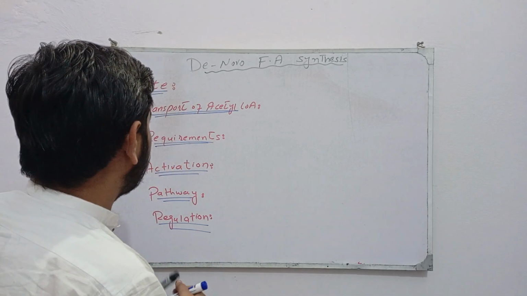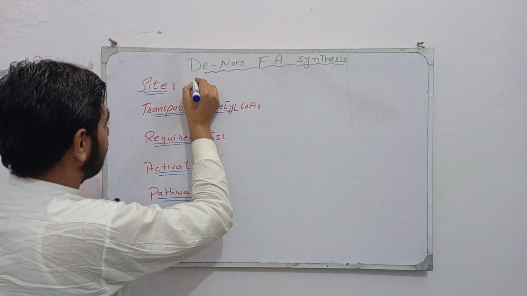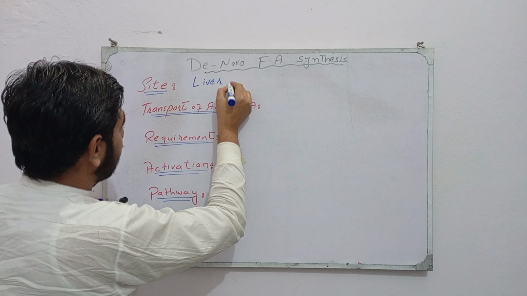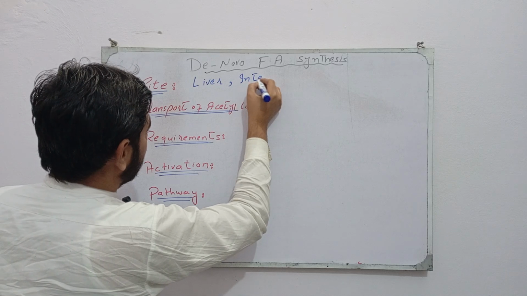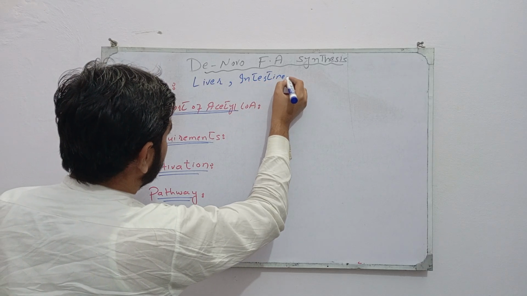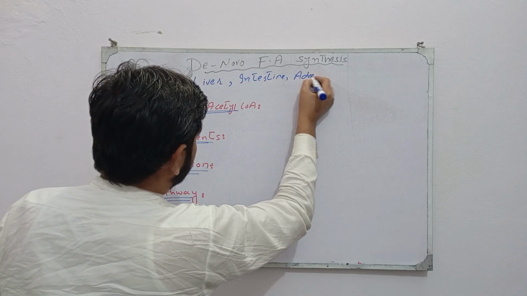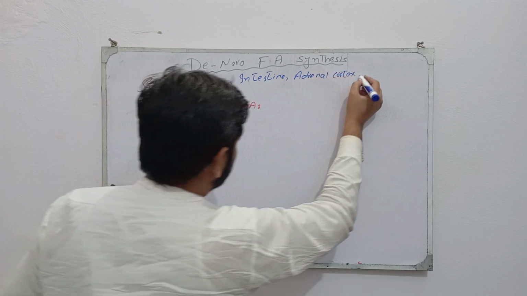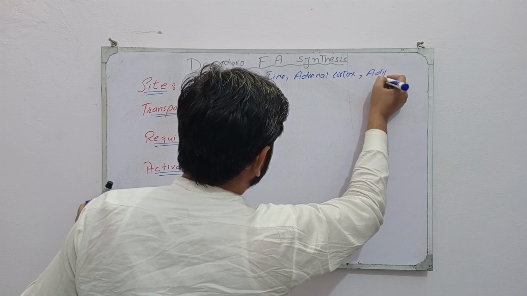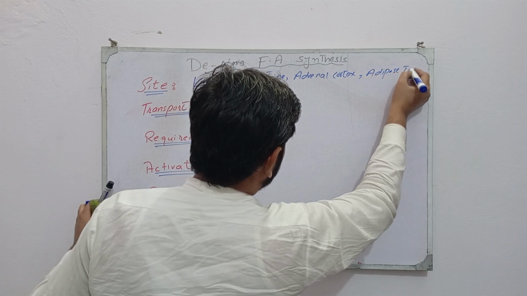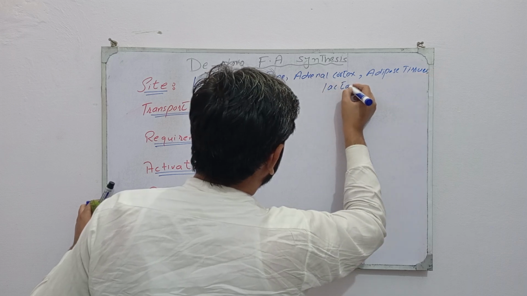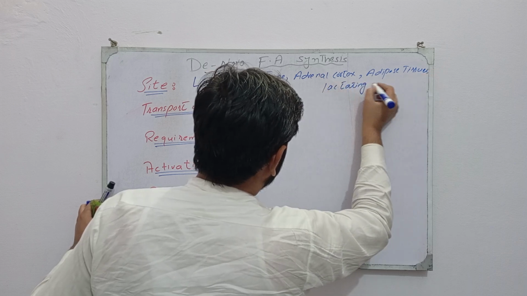Students, the sites for fatty acid synthesis are liver, intestine, adrenal cortex, adipose tissues, and lactating mammary glands.